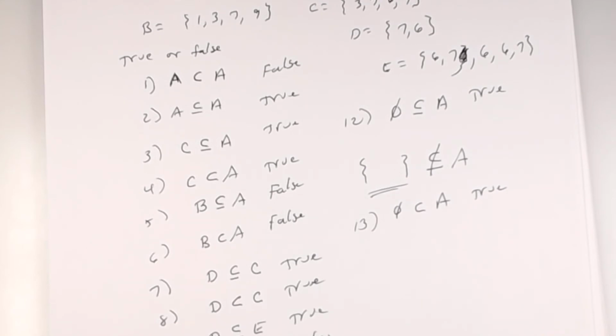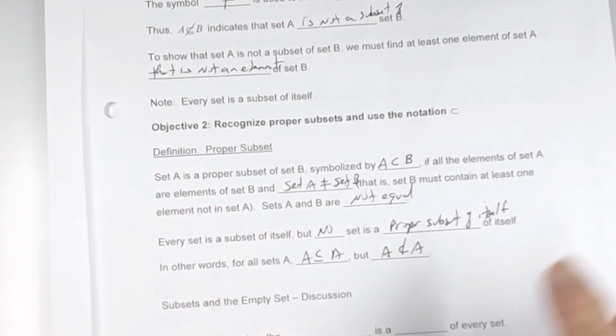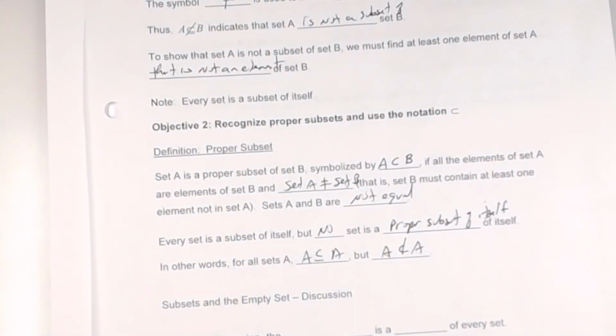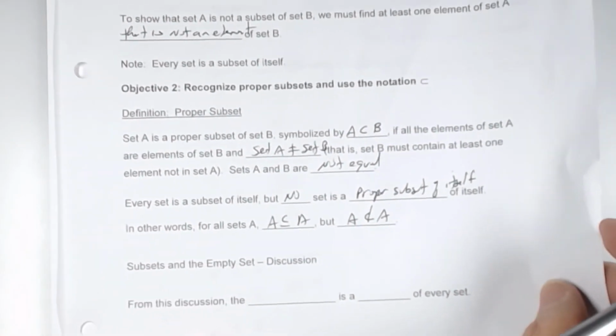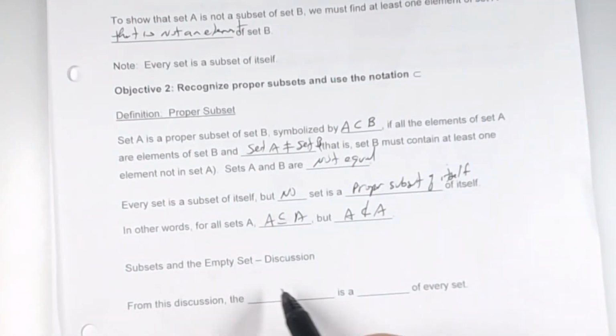So I'm doing a counterexample. All right, so let's go back to the notes. We're having a discussion about the empty set right here. From our discussion, the empty set is a subset of every set.